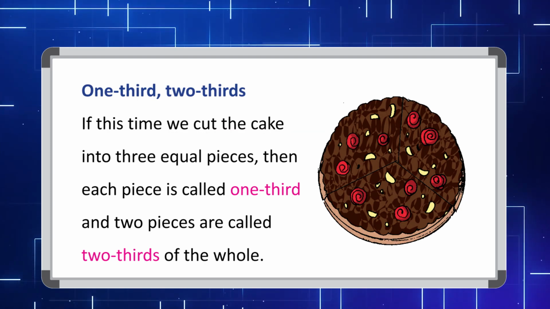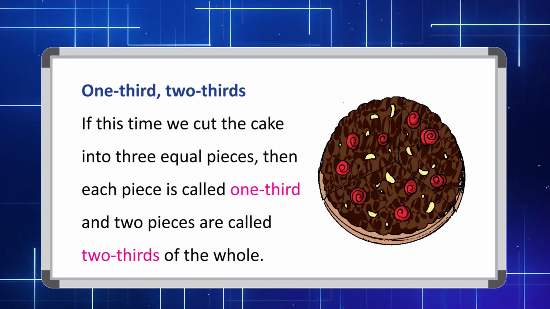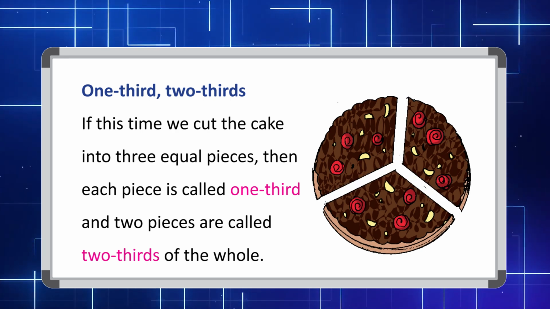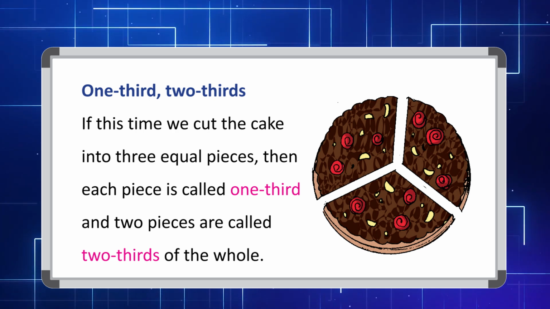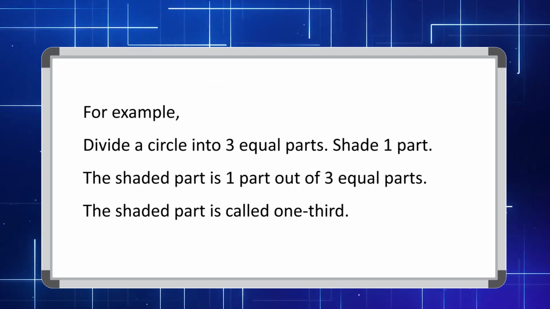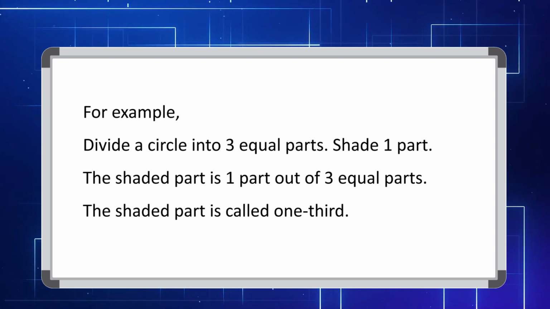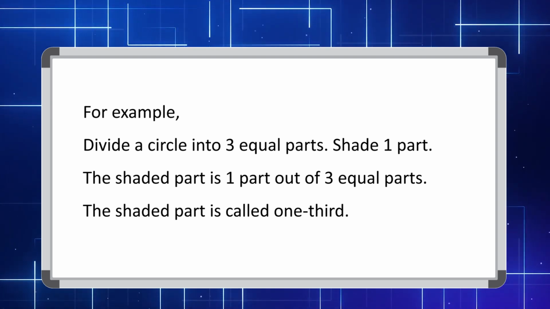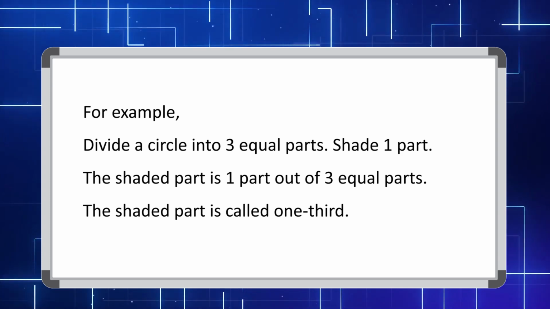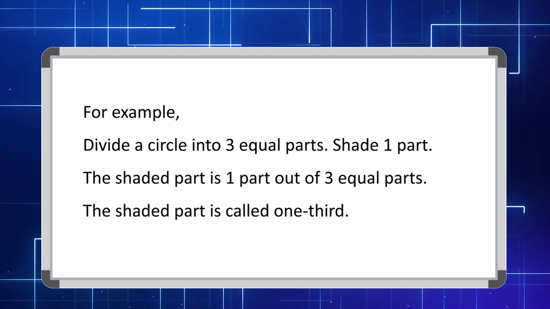So, the unshaded part is also 1/2. 1/3, 2/3. If this time we cut the cake into three equal pieces, then each piece is called 1/3 and two pieces are called 2/3 of the whole. For example, divide a circle into three equal parts, shade one part. The shaded part is one part out of three equal parts. The shaded part is called 1/3.